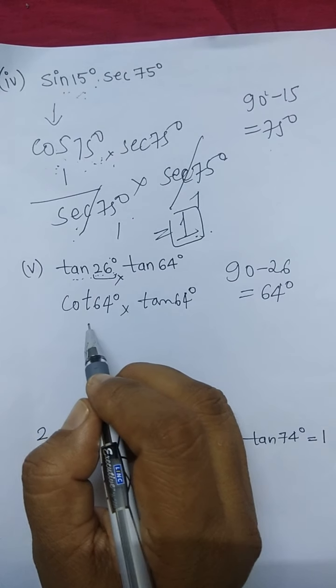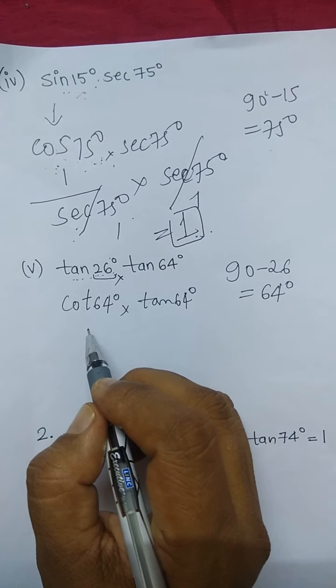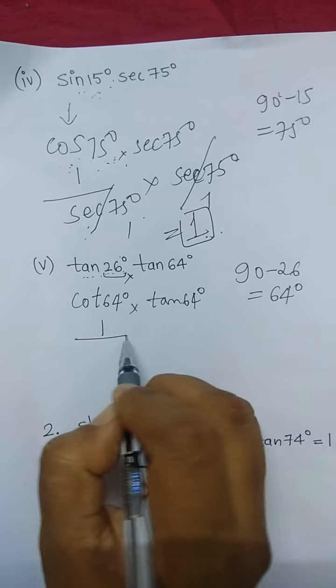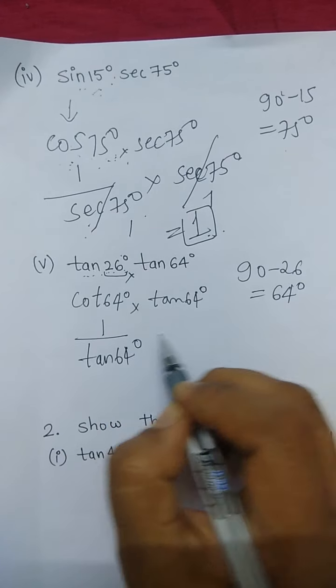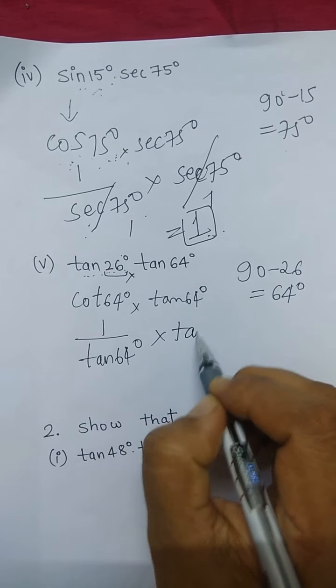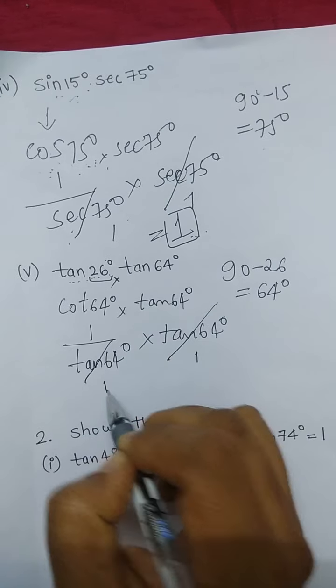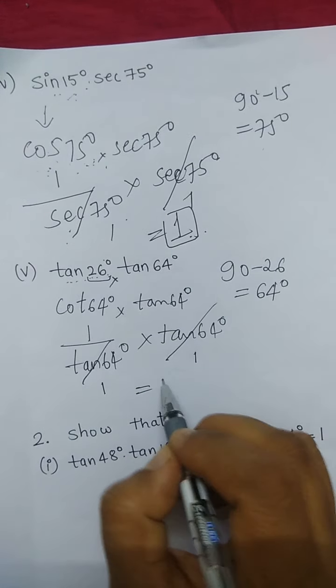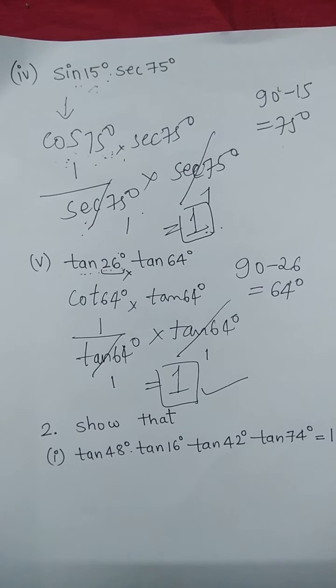You know what is cot 64 degree? The multiplicative inverse of tan 64 degree is 1 upon tan 64 degree, into tan 64 degree. Tan 64 ones are ones. Answer you will get as 1. Very simple exercise is this.